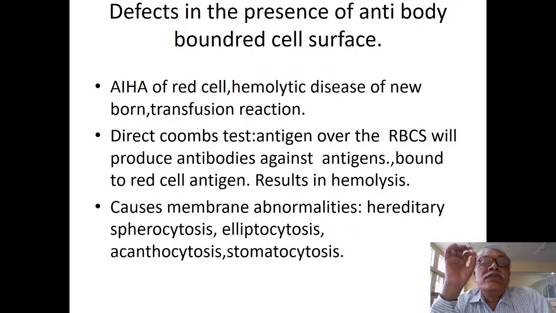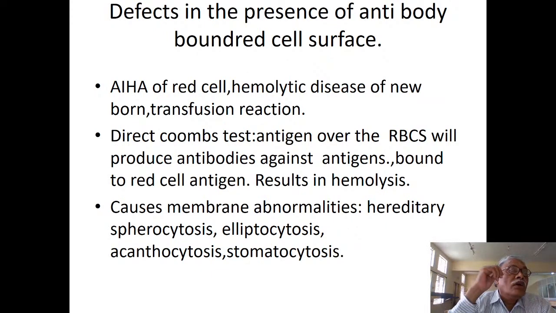And the defects in the presence of antibody bound to the cell surface: autoimmune hemolytic anemia of red cells, hemolytic disease of the newborn, transfusion reaction due to incompatible blood transfusion can result in autoimmune hemolytic anemia.